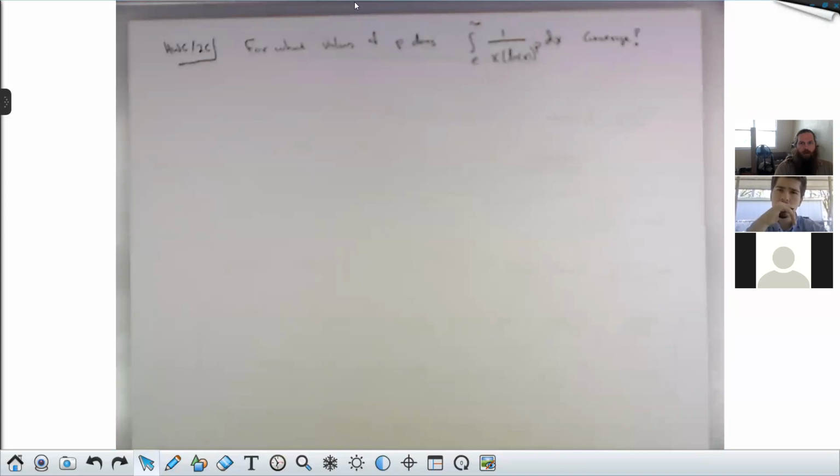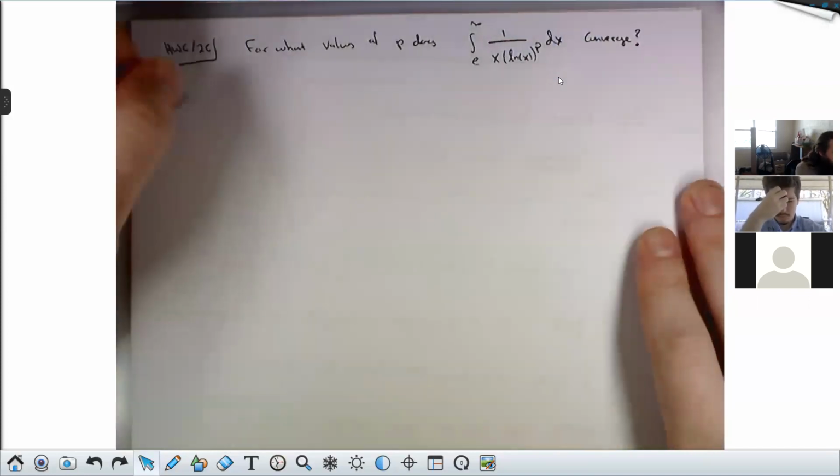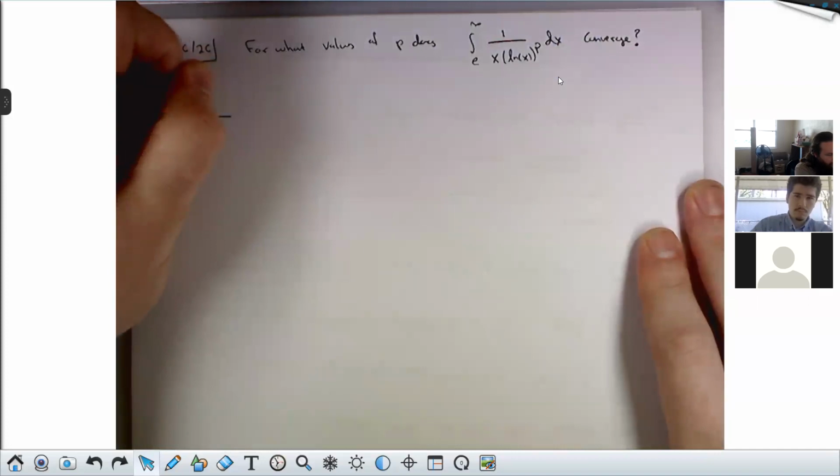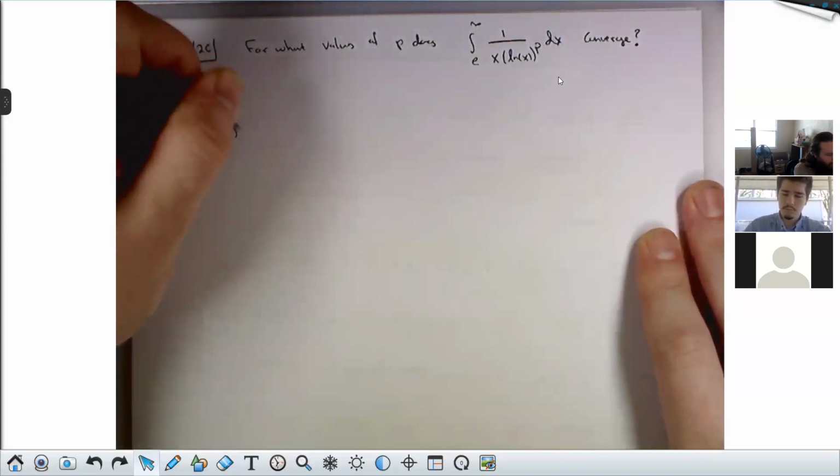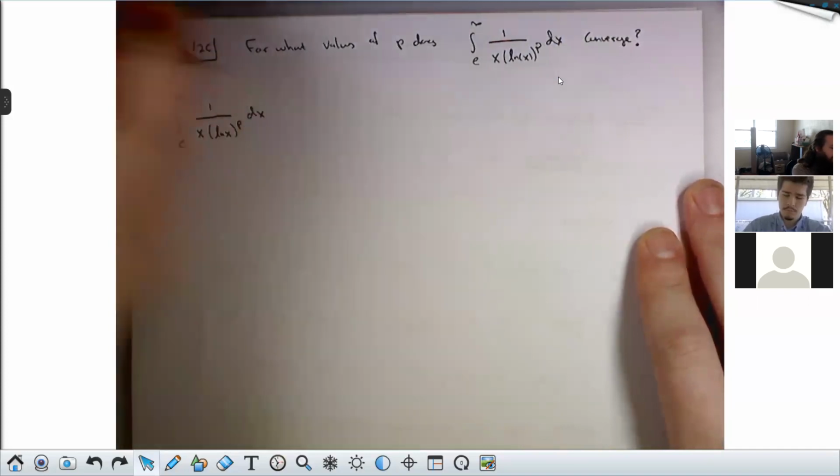Sure. So the way we get started here, we're just going to crunch this out, right? We're just going to do the computation. So the integral from e to infinity, 1 over x times ln x to the p dx.